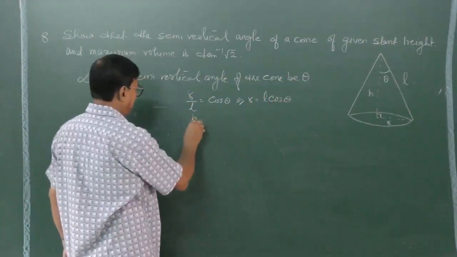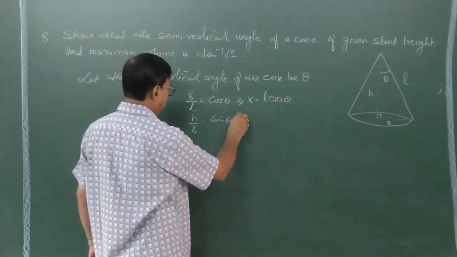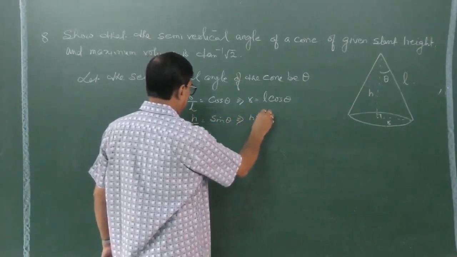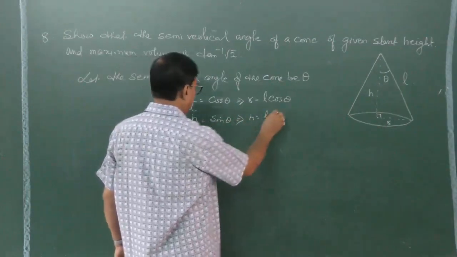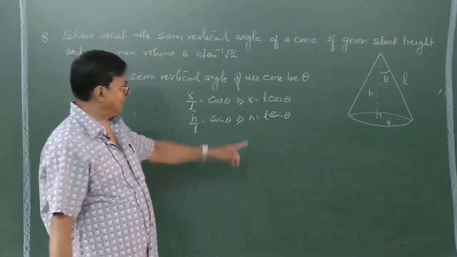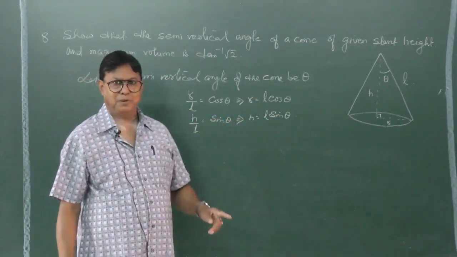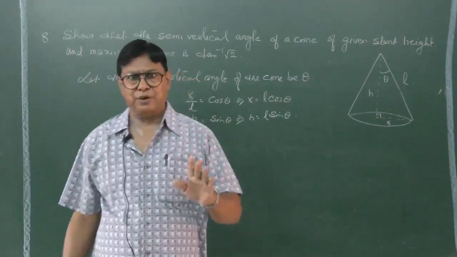h by L is equal to sin theta, perpendicular by hypotenuse. So h is equal to L sin theta. So I got r and h both in terms of L and theta, because L is constant, given, and theta we have to find.